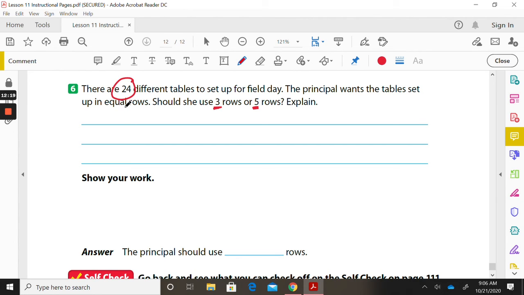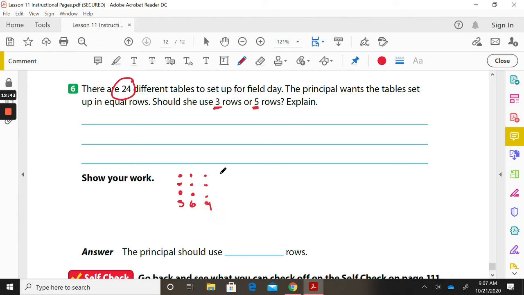So 24 divided by 3 would maybe work. So why don't we try 24 divided by 3? Let's do 1, 2, 3. So we have 3, and then we have 6.